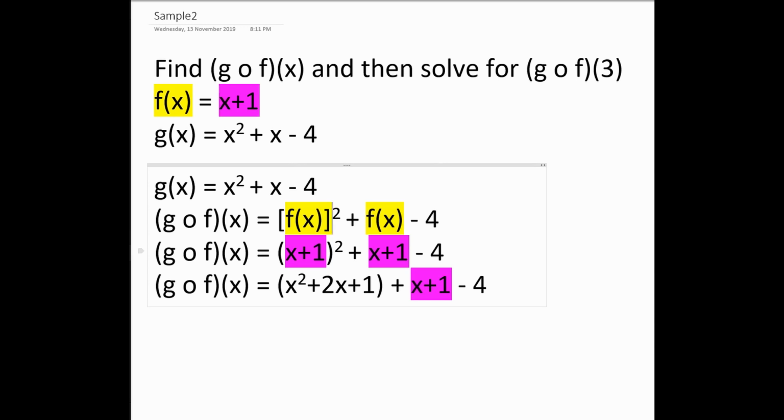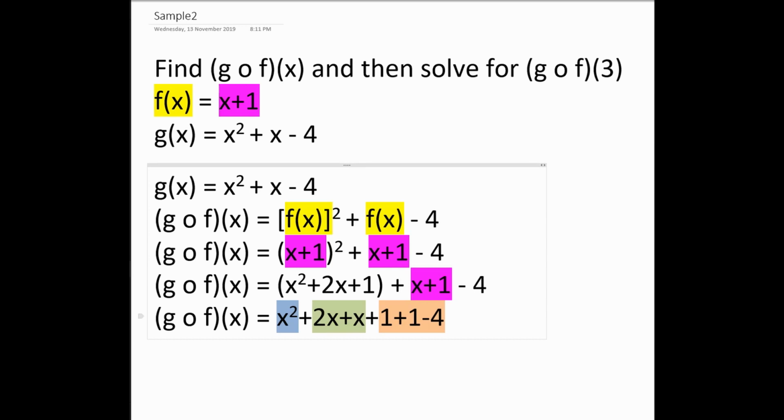So the x plus 1 squared is x squared plus 2x plus 1 after multiplying x plus 1 by x plus 1, and then we have x plus 1 here, and then minus 4, and then solve by combining like terms. So we have x squared, and then all of the variables with x, so 2x plus x, and then all of the numbers which are 1 plus 1 minus 4. And then we just simplify the equation, which is x squared plus 3x minus 2.